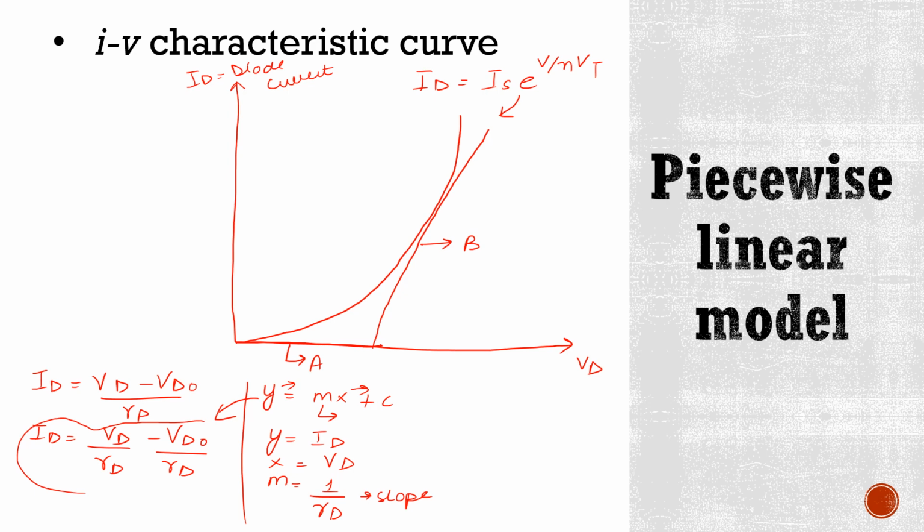So this is your exponential curve and it is being approximated by these two straight lines in this piecewise linear model. Now, if you look at line A, here ID is equal to 0 and it shows that the diode is off.